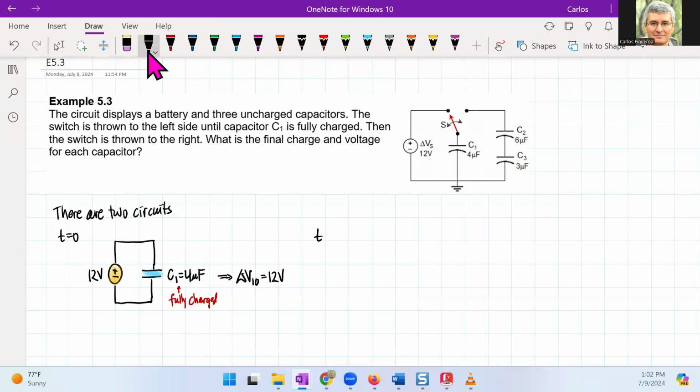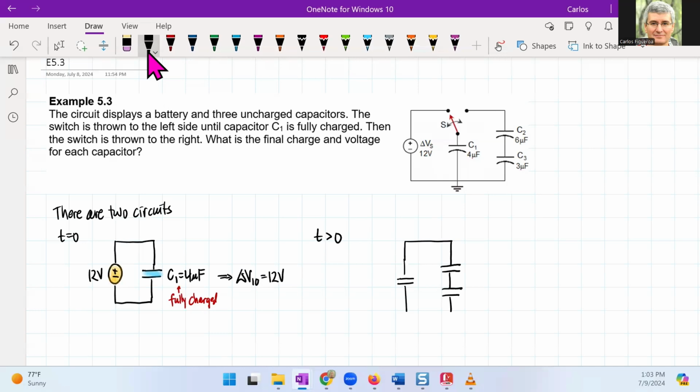Then at some time t greater than 0, whatever that time is, I now have a circuit that reads like this. I have a fully charged capacitor, and this capacitor is now going to be in series with two other capacitors. Let me draw this a bit better.